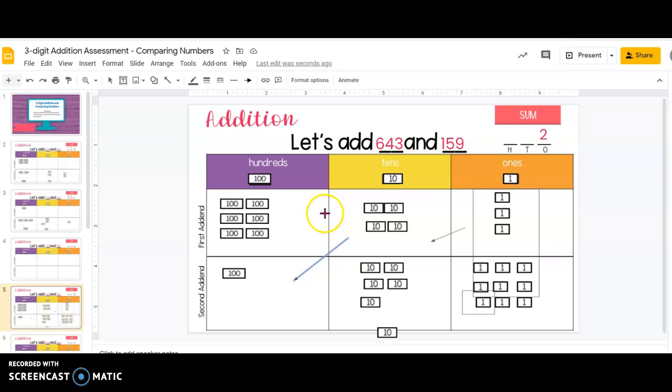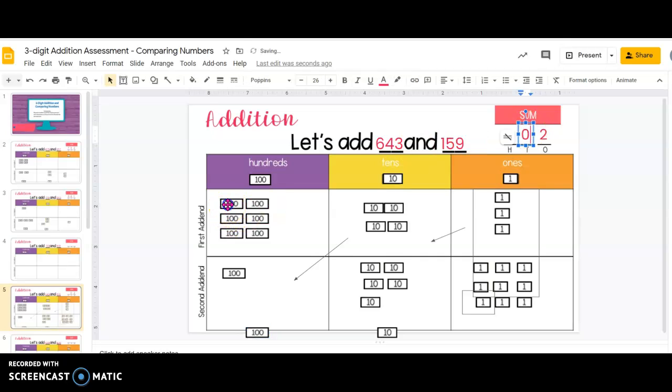So all of this becomes 100. So I'm going to get 100, and I'm going to put it down here. So I don't have tens because all of these become 100, so I have 0.